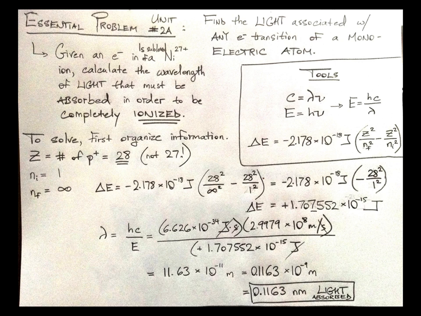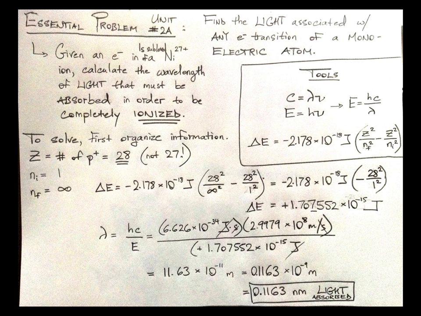Substituting in, change in E is equal to negative 2.178 times 10 to the negative 18 joules times 28 squared divided by undefined squared minus 28 squared divided by 1 squared.